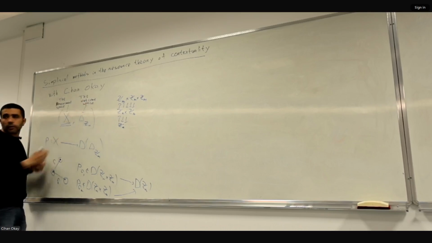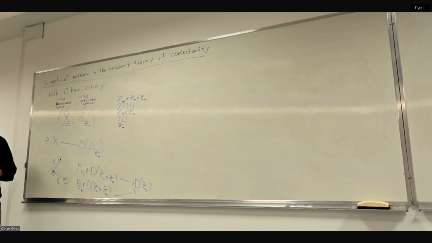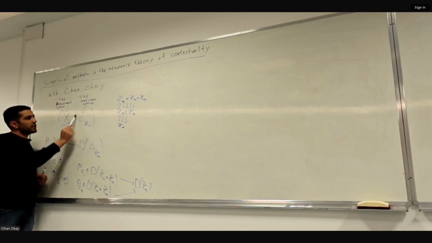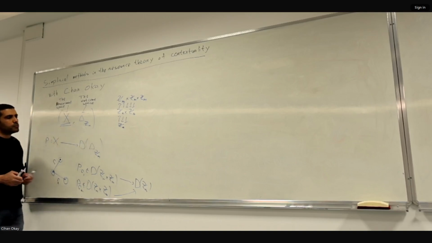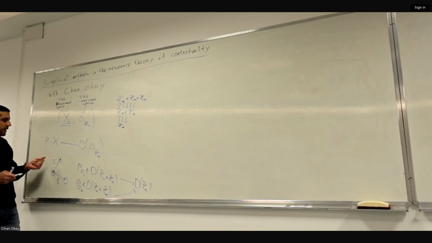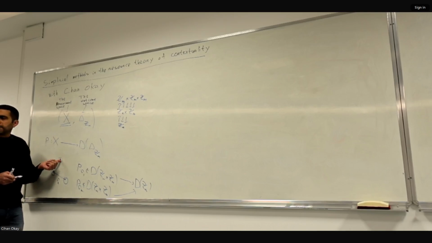In this language you can of course change the outcome space to any simplicial set, but usually this is what we choose, because it tells us every measurement has m outcomes.